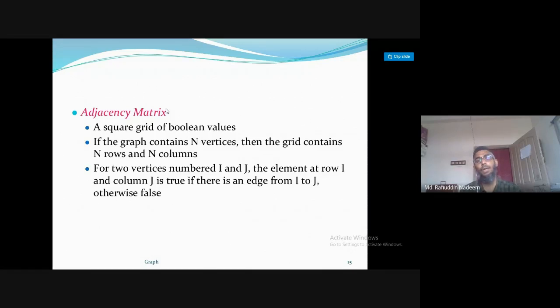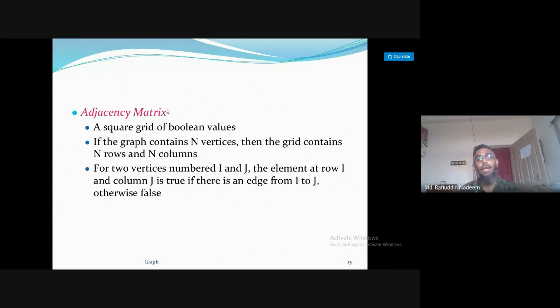Square grid of Boolean values in the sense here you will have a square matrix which has the Boolean values. Boolean will take only two values, either true or false. If there is an edge from a vertex i to vertex j, then it will be true. If there is no edge from vertex i to vertex j, then the entry will be false.